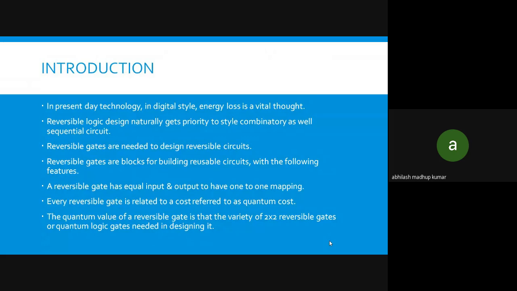Then garbage outputs, gate level, and hardware complexity. Hardware complexity refers to the full range of operations in a circuit. This means the total number of AND, OR, and XOR operations in a circuit. So this was a brief introduction about reversible logic gates. We will now move towards the principle behind these logic gates.